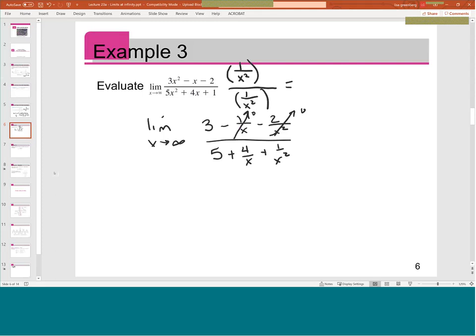Why are you able to, where are you getting the 1 over x squared from? What I'm trying to do is eliminate some of these terms. Notice that if I multiply by 1 over x squared over 1 over x squared, then I get 3 and 5 as my first values.